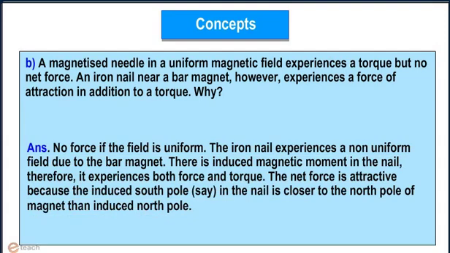The iron nail experiences a non-uniform field due to the bar magnet. There is induced magnetic moment in the nail, therefore it experiences both force and torque. The net force is attractive because the induced south pole in the nail is closer to the north pole of the magnet than the induced north pole.